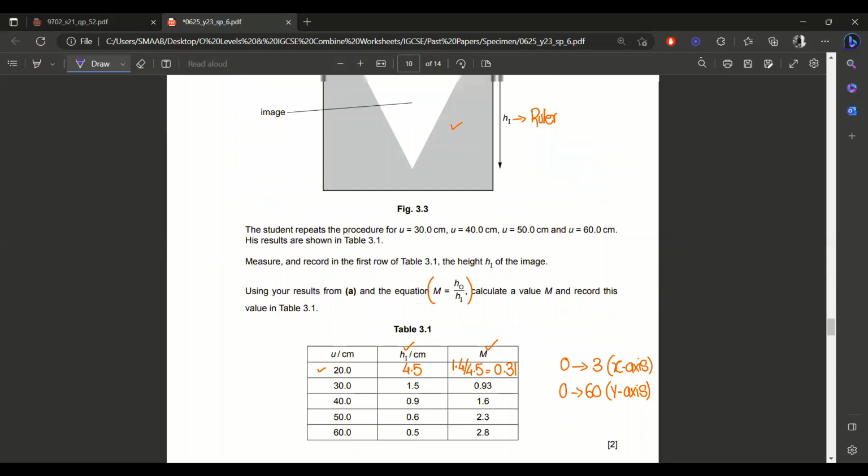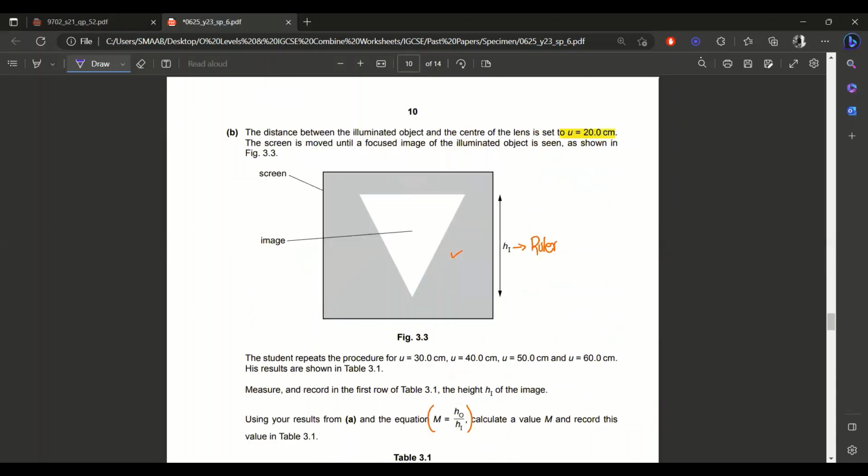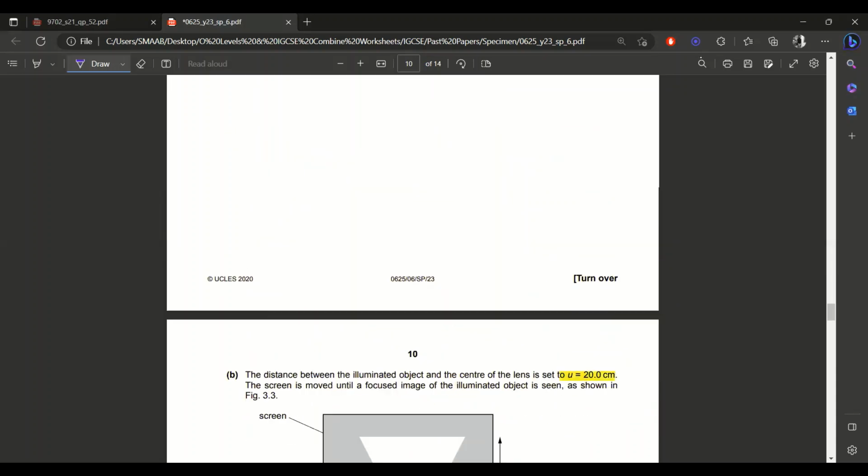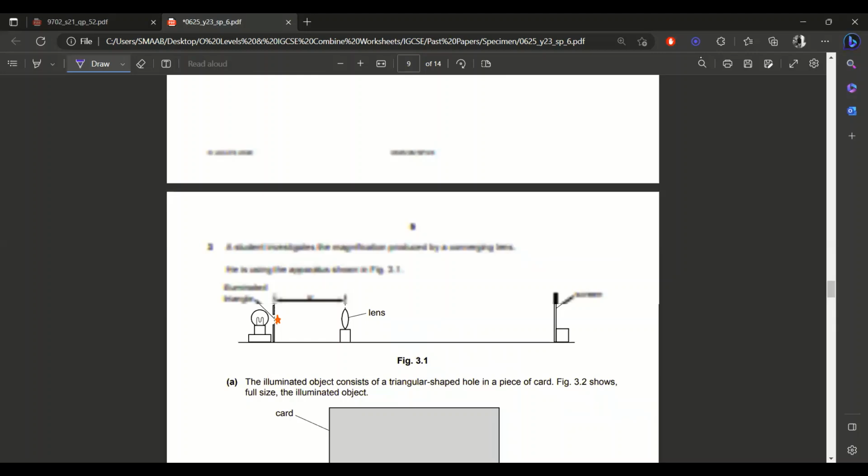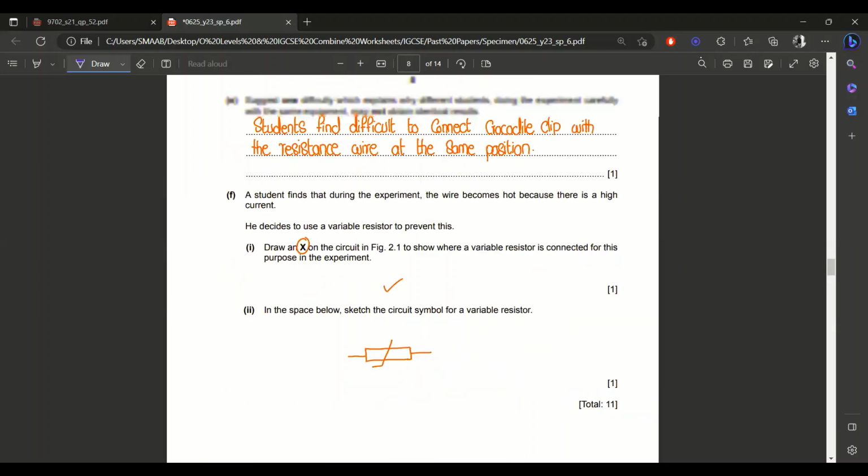You just need to read the statement and find the hint from the question. All hints are already given in the paper, but only the last question you need to do on your own. That is not much difficult because the pattern remains the same, and once you solve questions from different papers, you will get the idea. Most of the pattern is repeated.